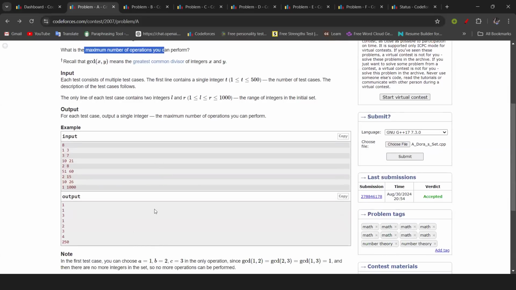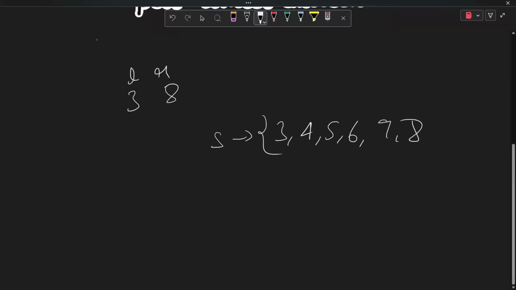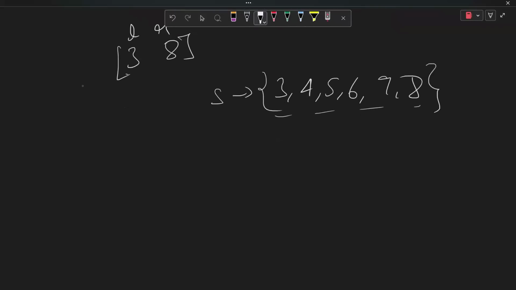Let's say you are given as an input L and R, and L is 3, R is 8. It means the set S contains 3, 4, 5, 6, 7, 8. All the integers in the range from L to R are contained in the set. Now you need to perform operations.